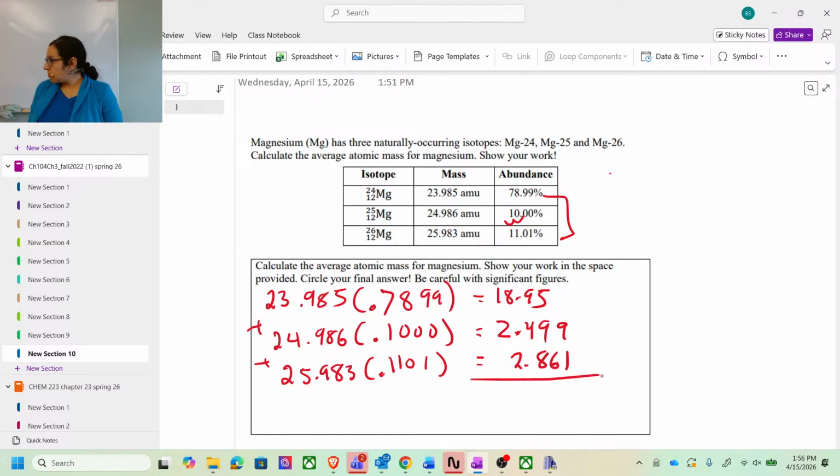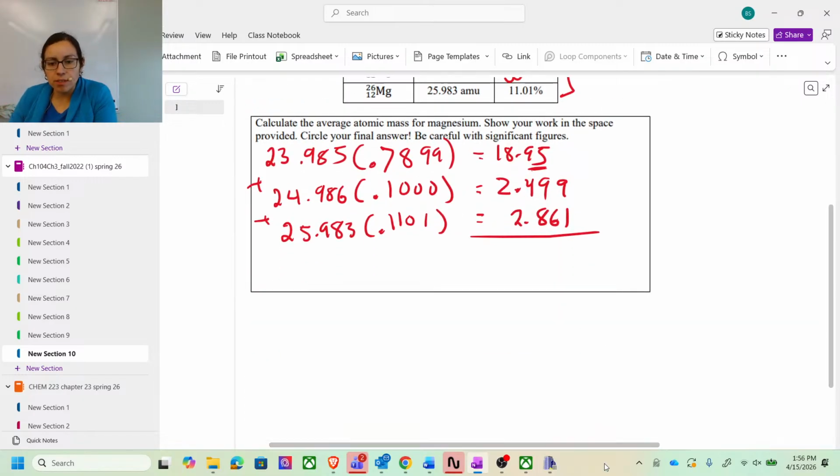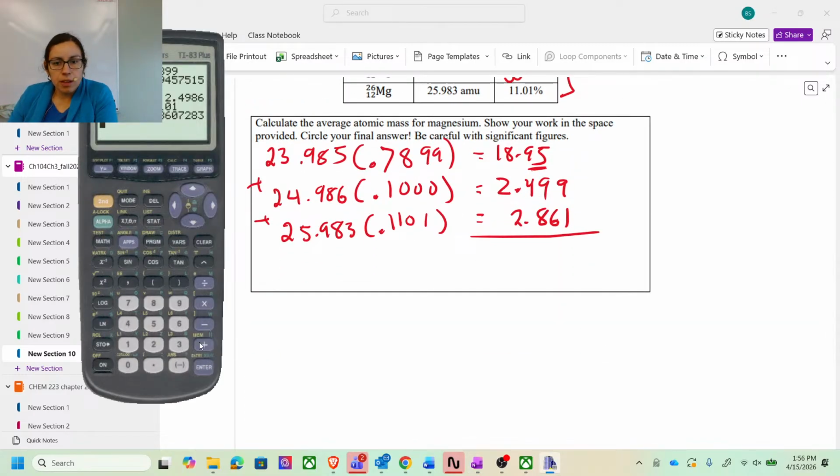So now we do this addition, right? For addition rules, we report to the least number of digits after the decimal point. That means we can only go to 2 after, once we're done adding. So let me use my actual numbers: 18.95 plus 2.499 plus 2.861.